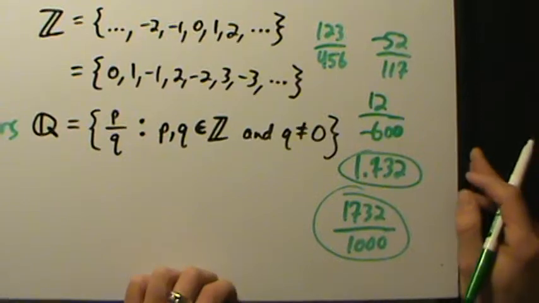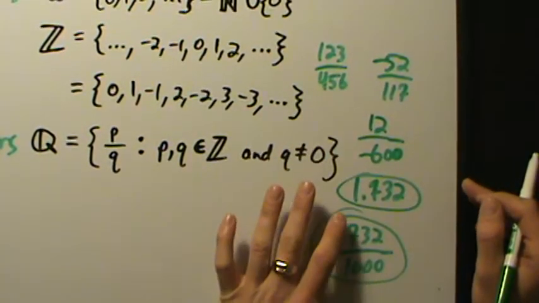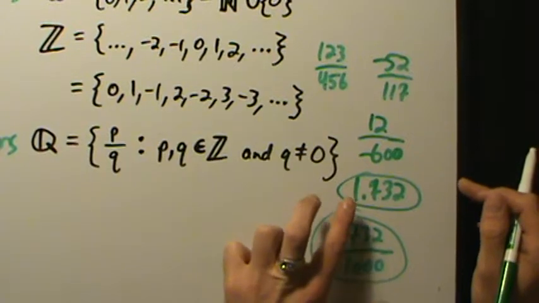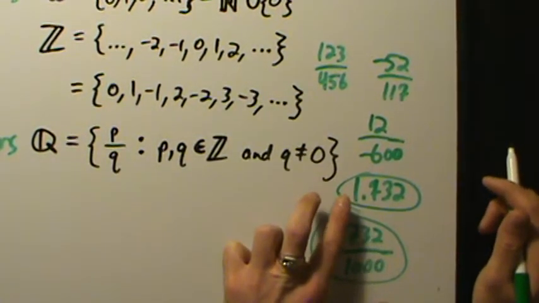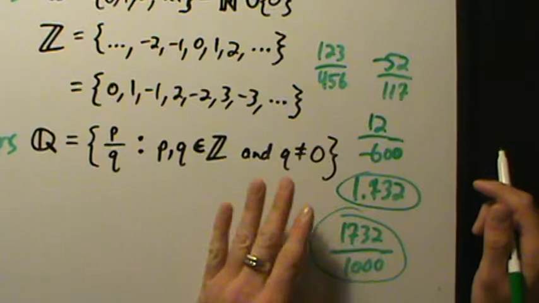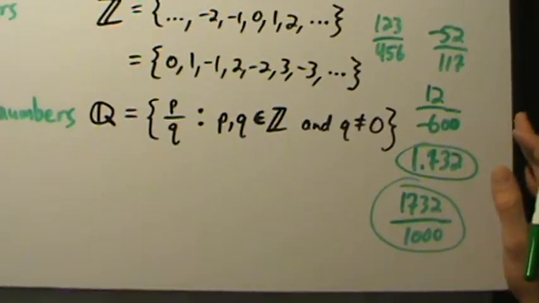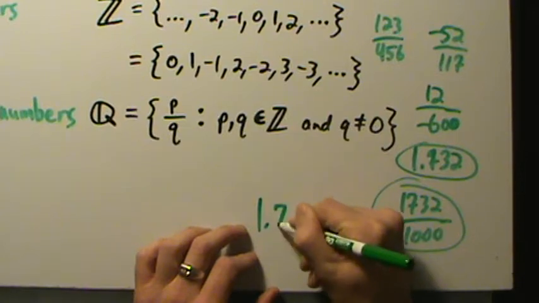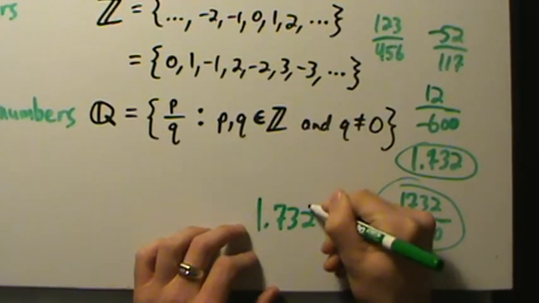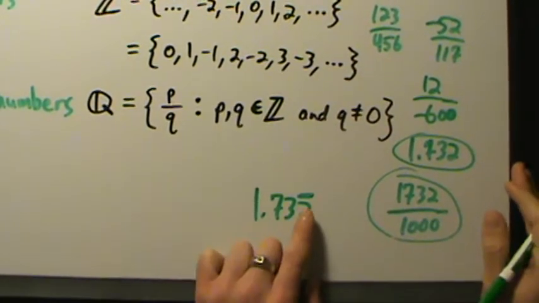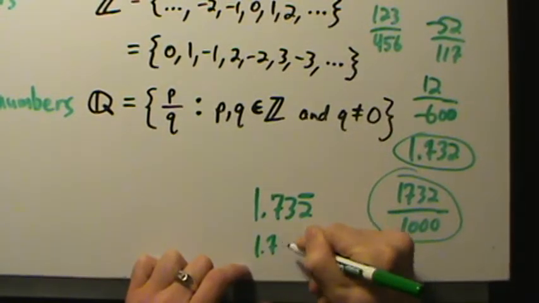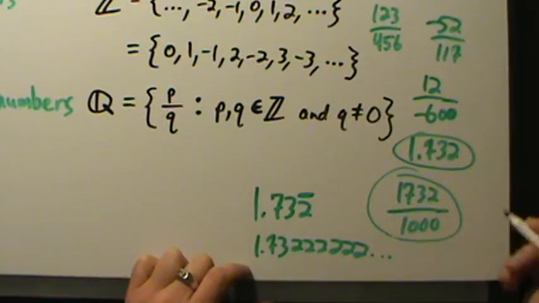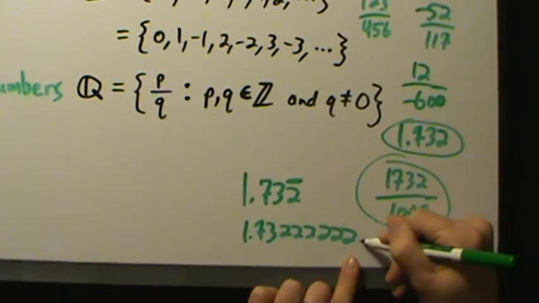Basically any decimal like this, any fraction or any decimal that doesn't go on infinitely with no pattern. Actually, even if it repeats infinitely, let's say we have 1.732 with a bar over the 2. Remember, this notation means the 2 repeats, so it's 1.7322 dot dot dot. The 2 just keeps repeating forever.